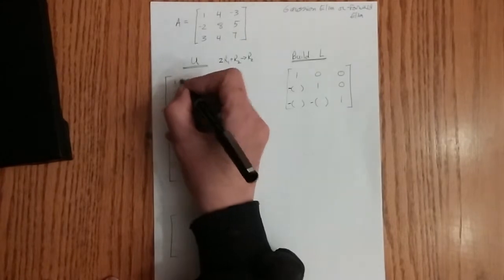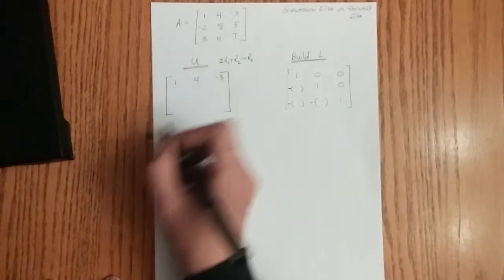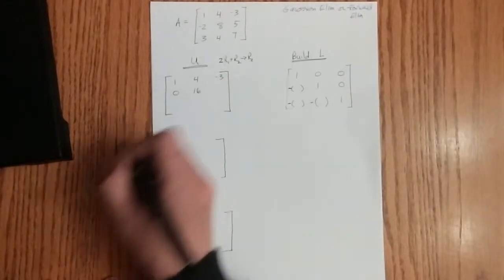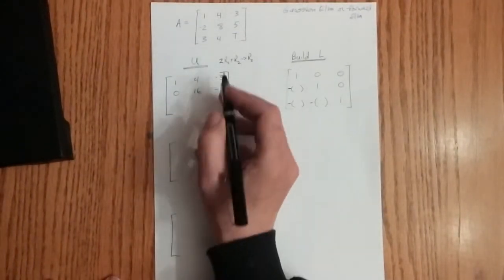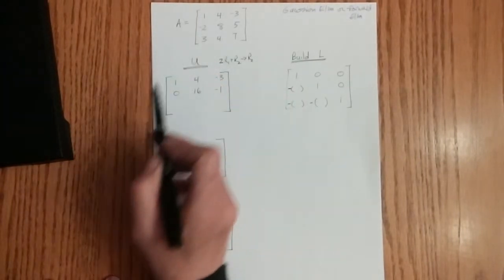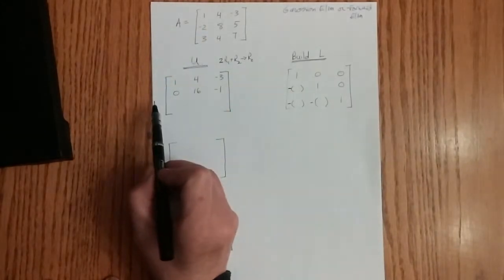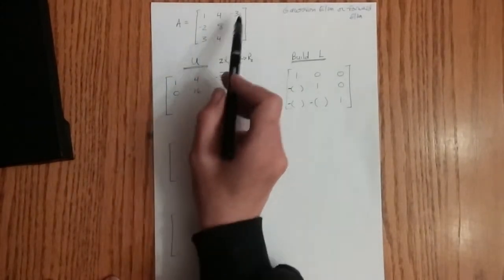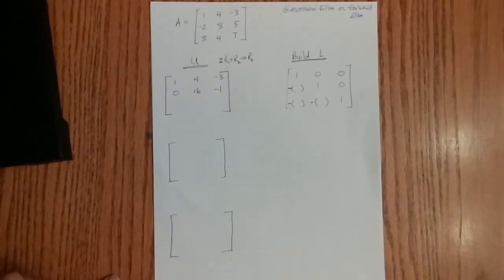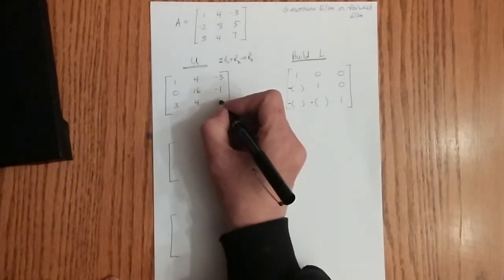So our first row does not change. Our second row becomes 0, 16, and minus 1, because 2 times row 1 plus row 2: 2 minus 2 is 0. 8 plus 8 is 16. Minus 6 and 5 is minus 1. And then nothing changes with row 3.